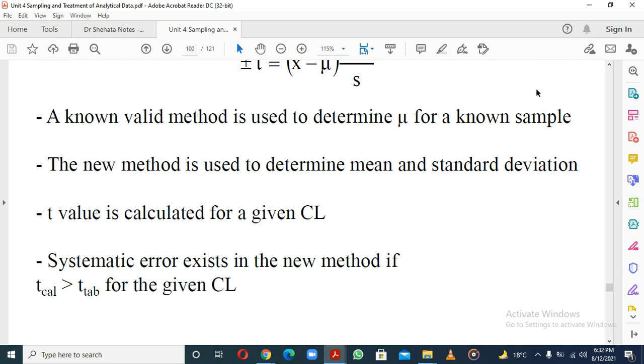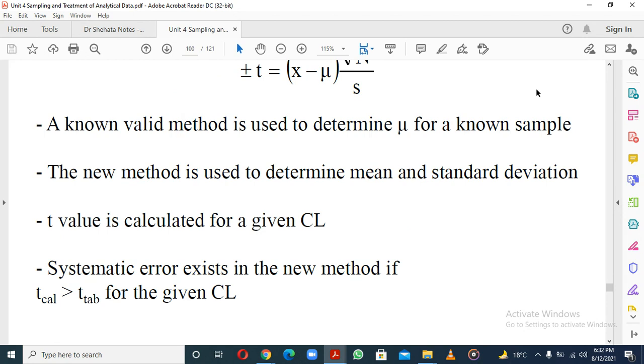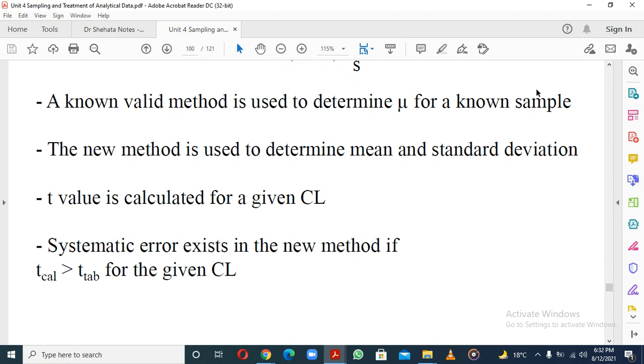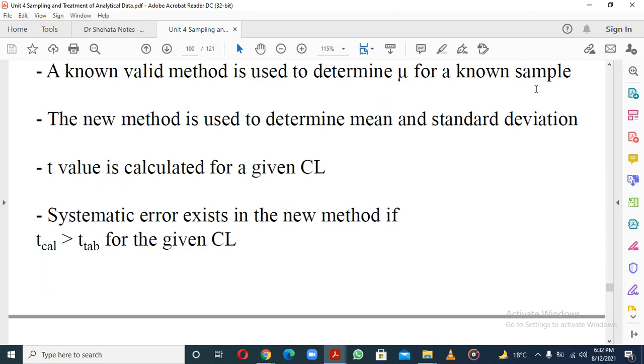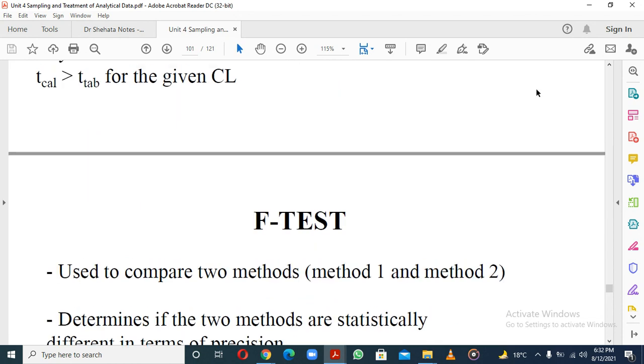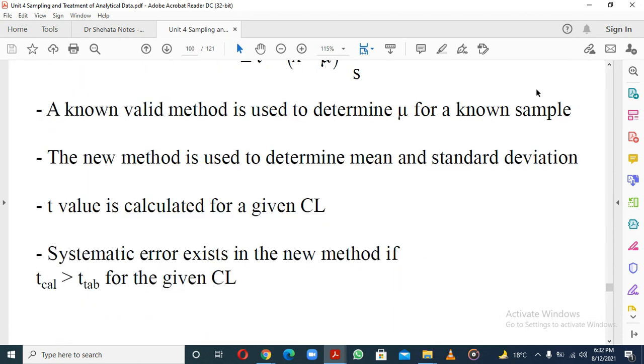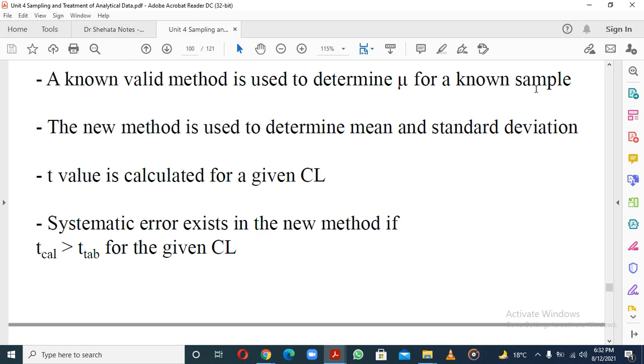If the t value that I've calculated is greater than the one tabulated on the t-test table, it means that the method I'm trying to assess has a systematic error. Therefore, I have to identify where it's coming from and then get rid of it.